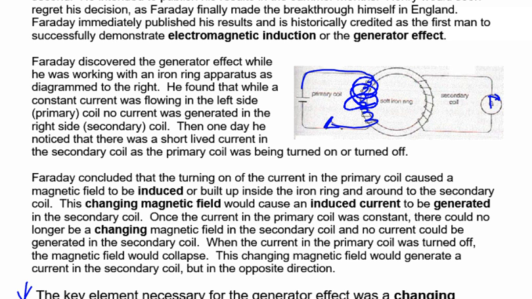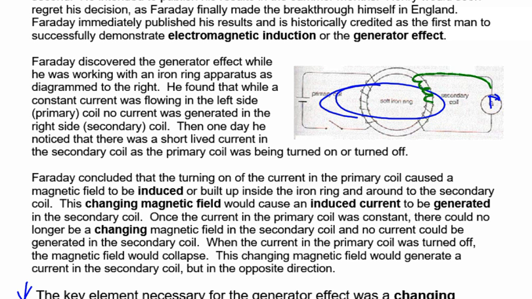It would make a magnetic field big enough to go right around those loops, and it would actually affect the wires on the other side. That magnetic field would induce a current going around the other side and deflect the needle on the secondary coil.